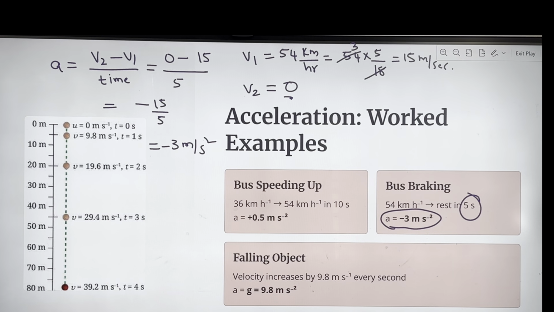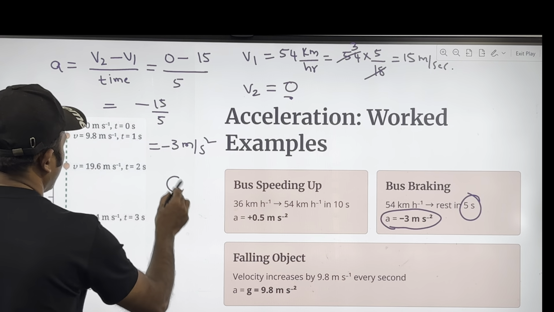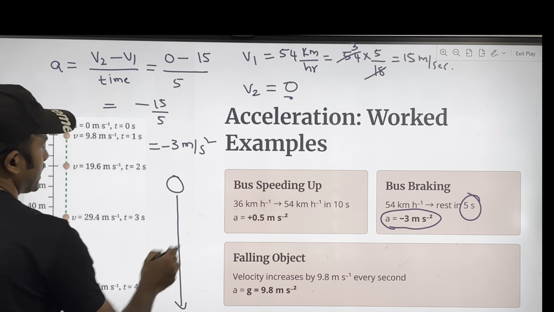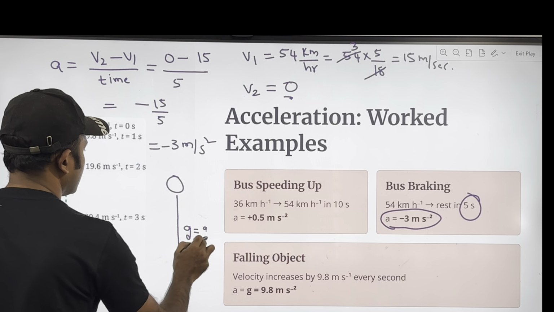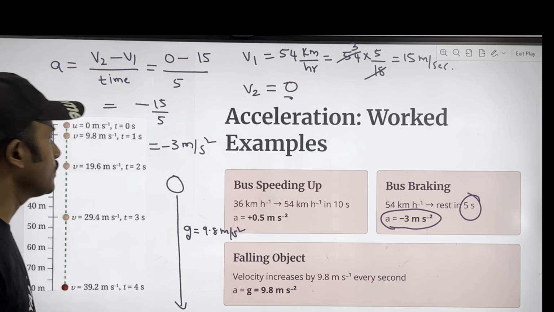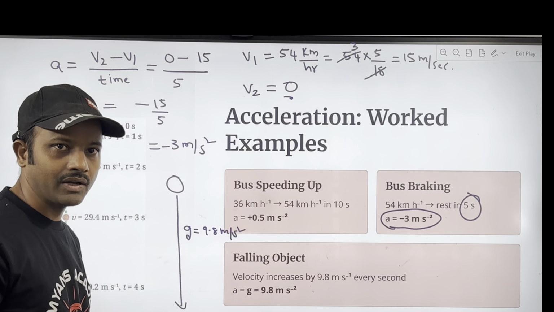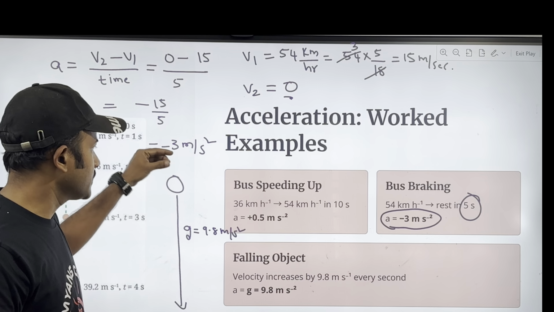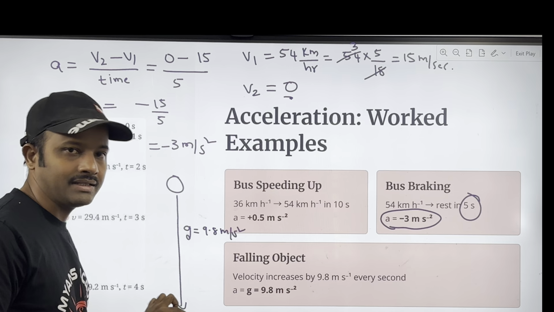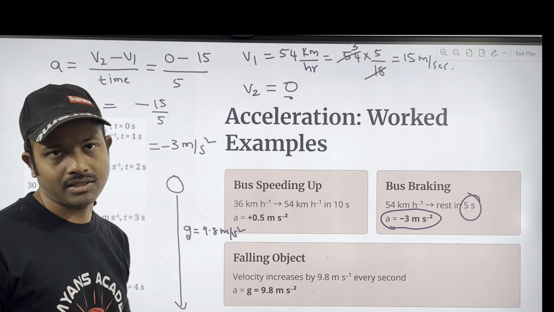For a falling object, suppose a vertically falling object falls from top to bottom. In this case, it falls with acceleration 9.8 meter per second square. The velocity increases while the object is falling down, which is positive acceleration.